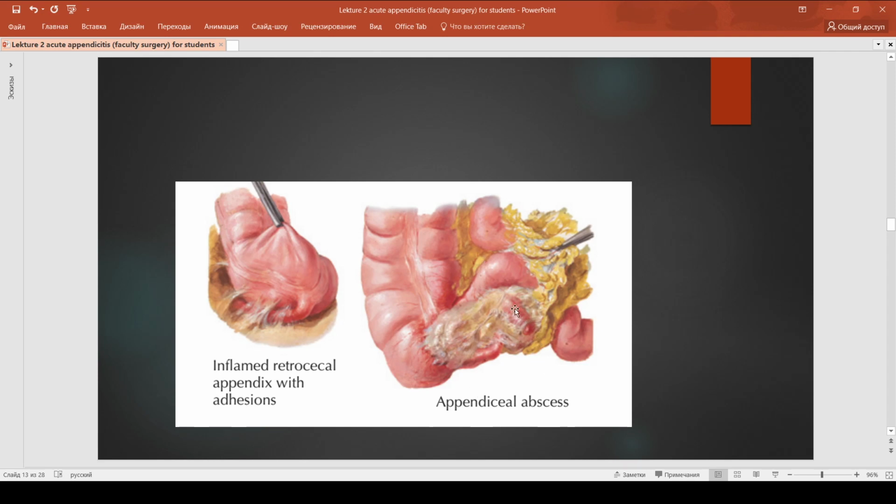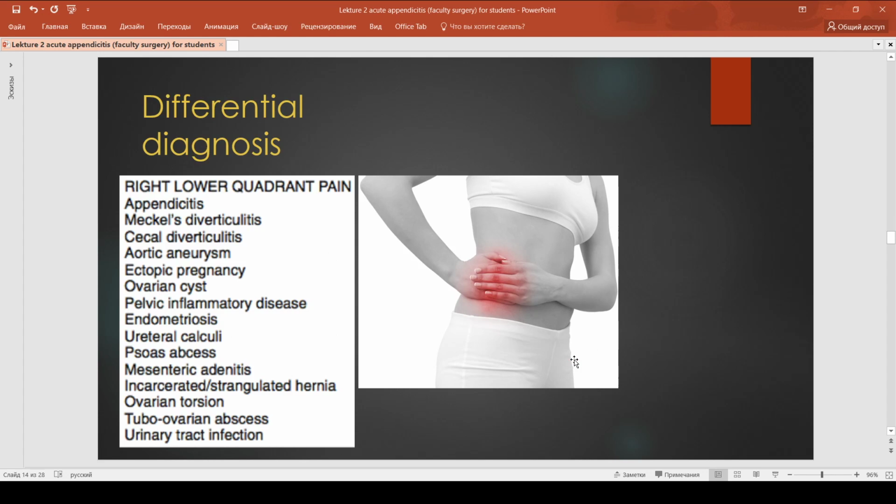As you see, we can't see properly where the appendix is placed. Maybe this, and it's covered with omentum as well. What must we think about in case of differential diagnosis?